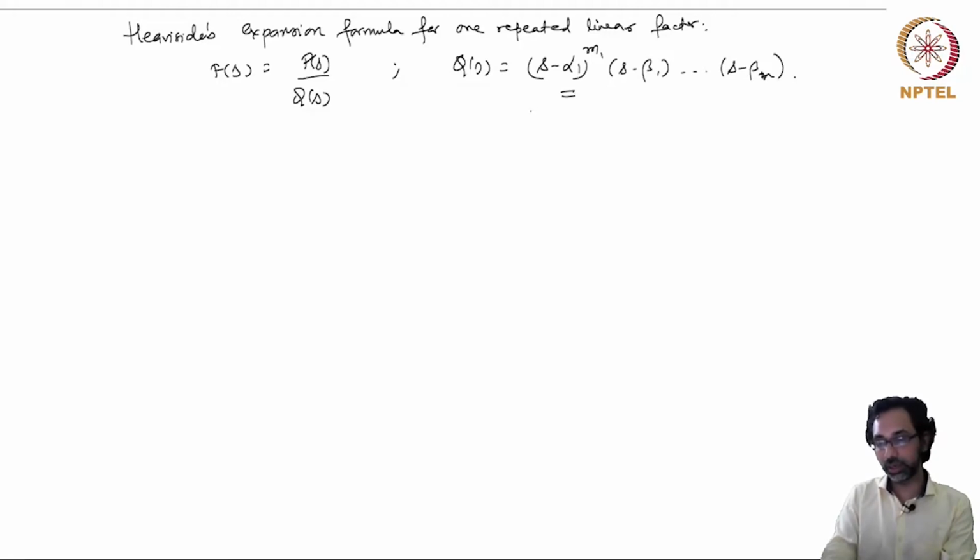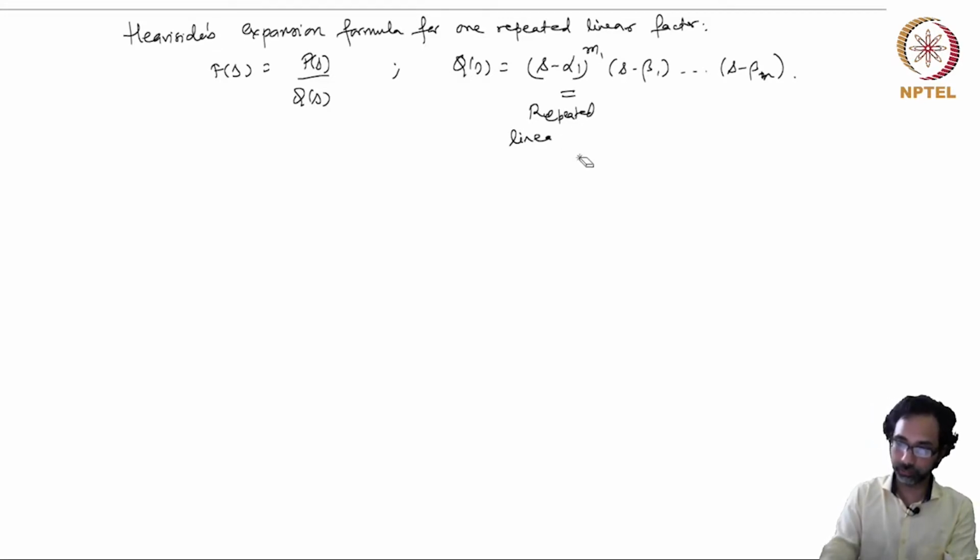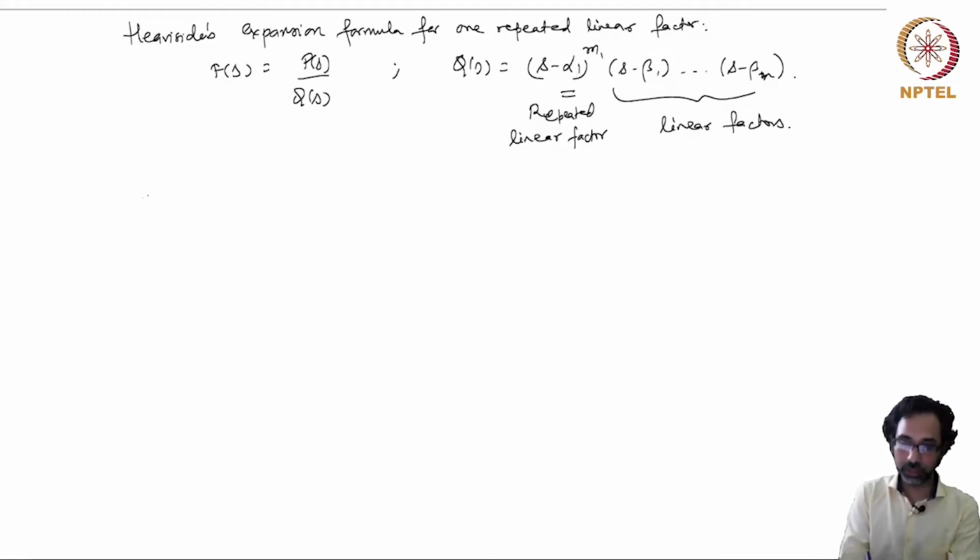So the first one is a repeated linear factor, and the rest are linear factors. So for this function F(s), you have the partial fraction expansion.